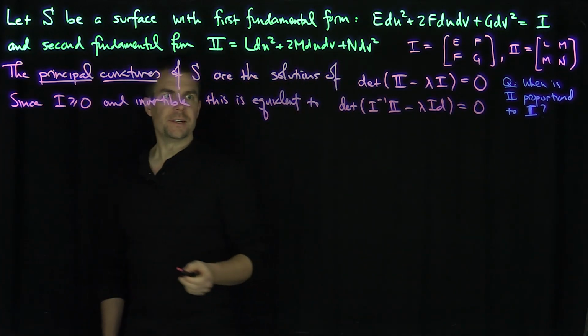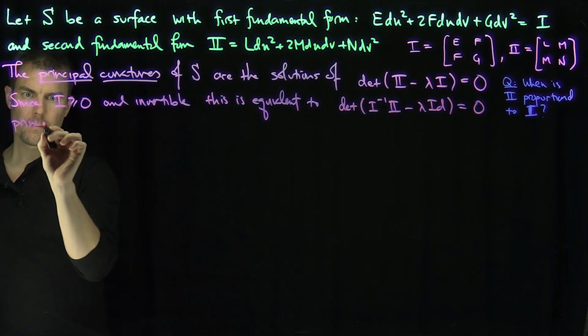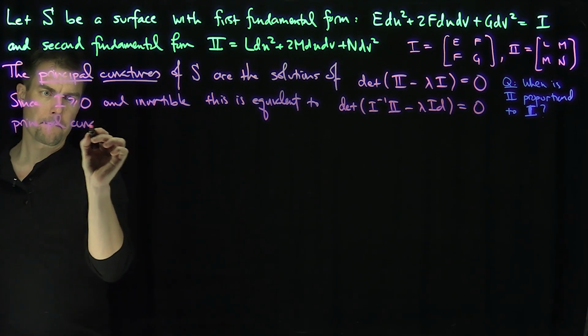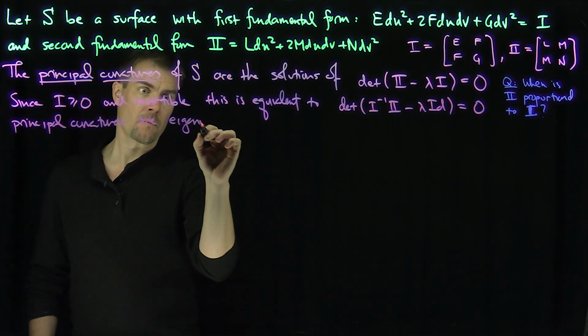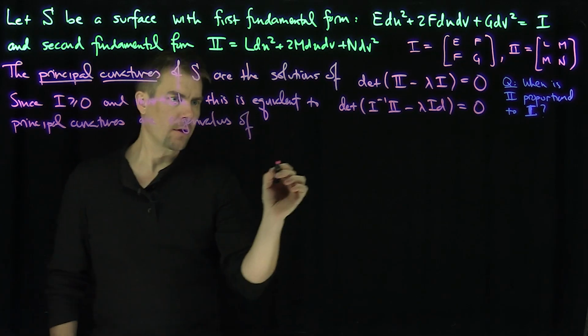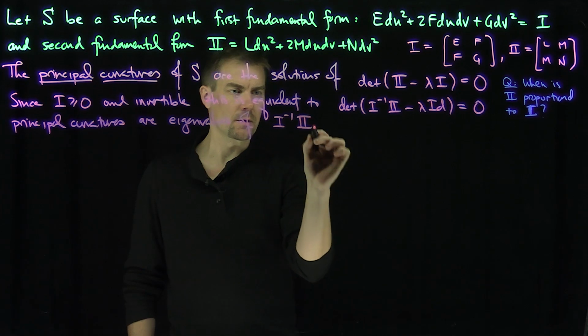In other words, these principal curvatures are eigenvalues of this matrix over here, I inverse 2.